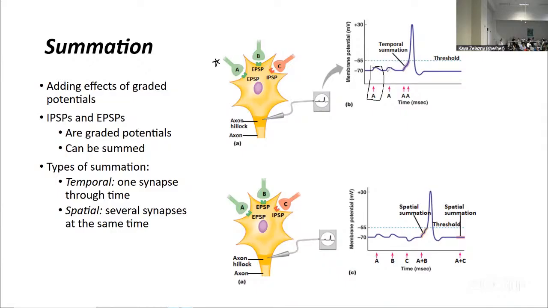We fire multiple times, but kind of slowly, we've got enough time for that little depolarization to fade away in between. But if we have A fire twice close together, we jump up once, we jump up again, we get to threshold. So that's our temporal summation. That's what that would look like here.